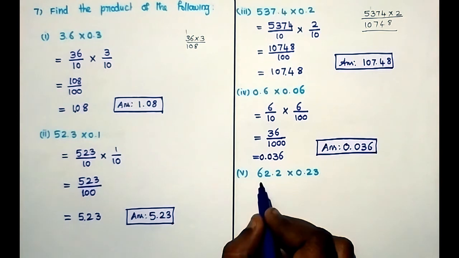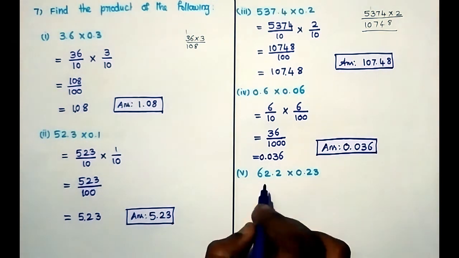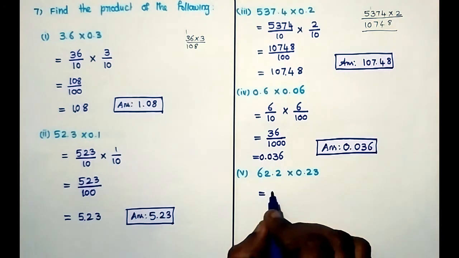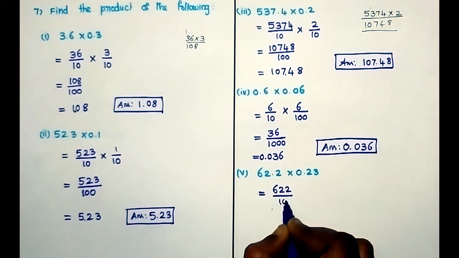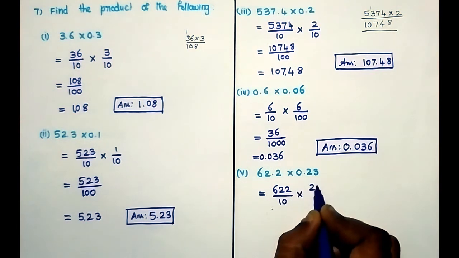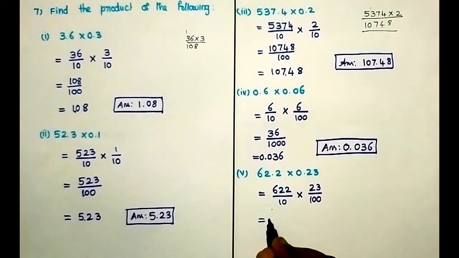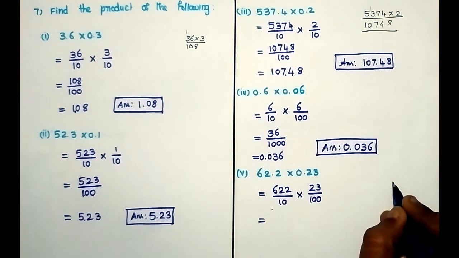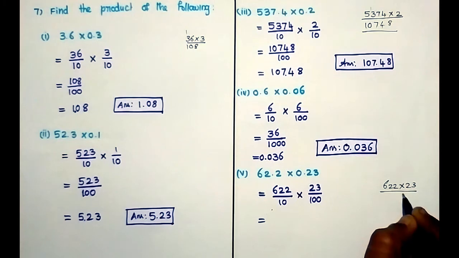Next one, 62.2 into 0.23. Write down in fraction. 622 divided by 10 into 23 by 100. Now 622 into 23. 2 3s are 6.